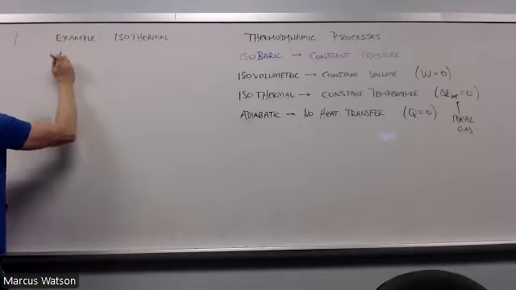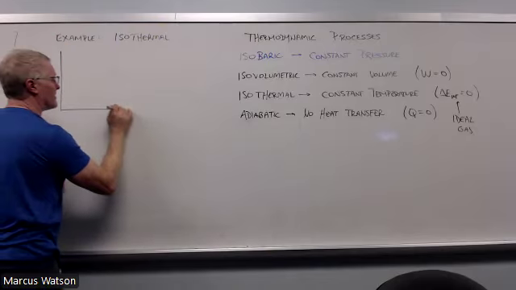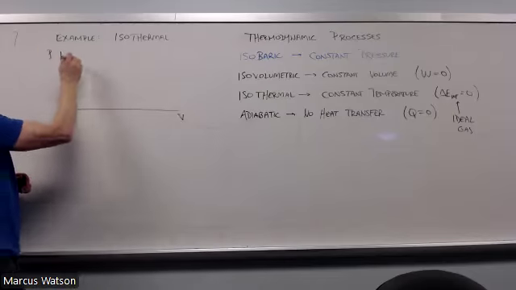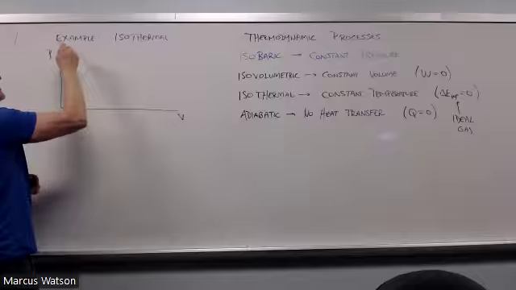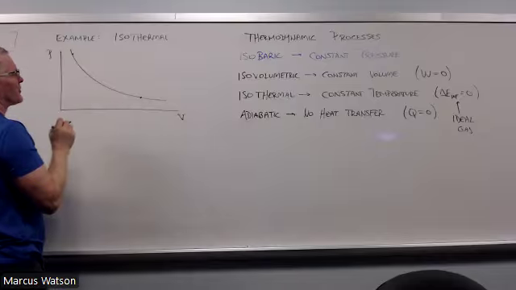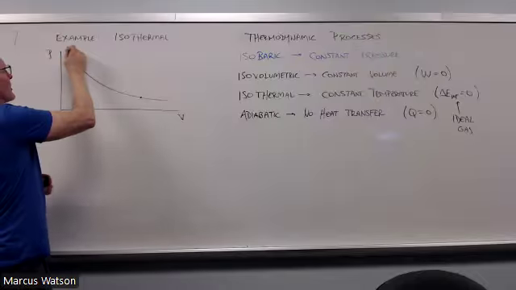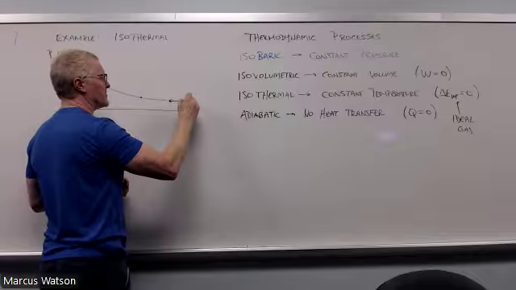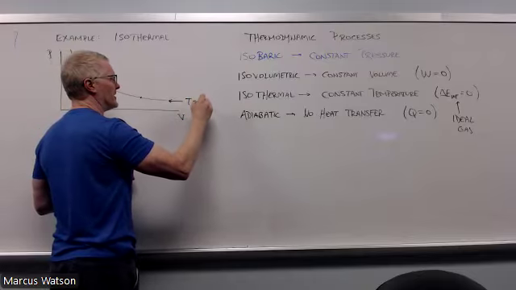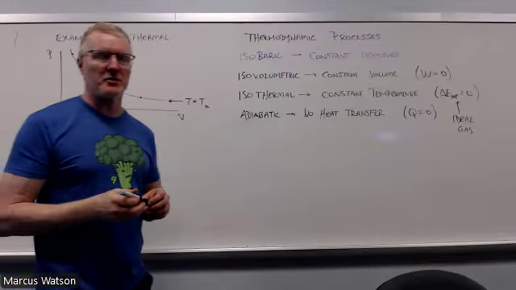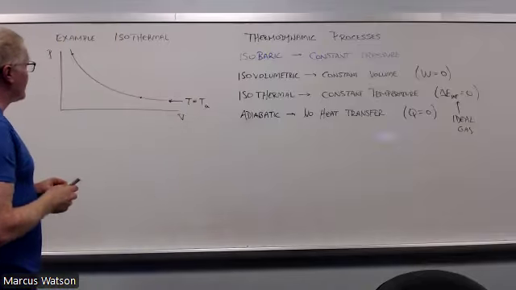So here we have a PV diagram, and we have a system here, and isothermal looks like this, where this is a curve of constant temperature. I'll just call it TA. It's some temperature.